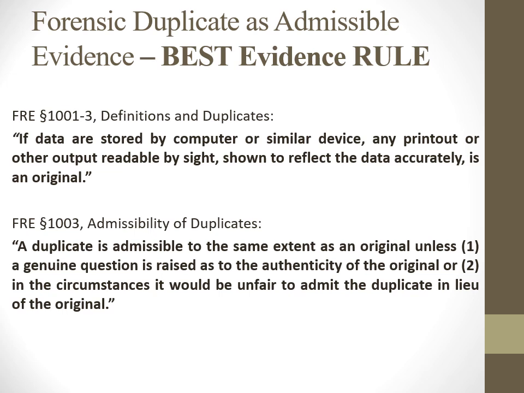And we're basically asking, what does it take for a duplicate to be admissible? A duplicate is admissible to the same extent as an original, unless a genuine question is raised as to the authenticity of the original, or in the circumstances it would be unfair to admit the duplicate in lieu of the original.